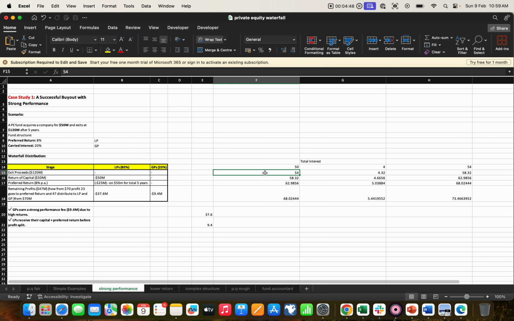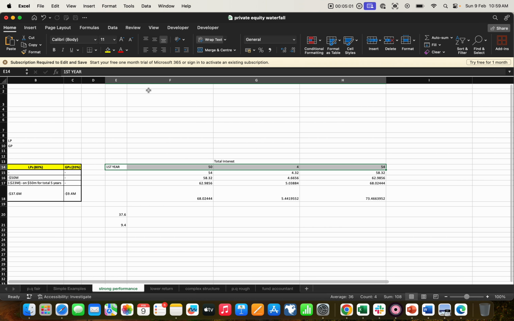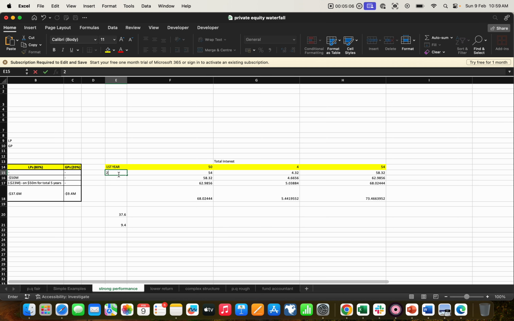This is the first year scenario, so I write it down here. Second year, the interest will be charged on 54 million, then 4.2. Likewise they calculate for the third year, fourth year and fifth year. So the total is around 23.